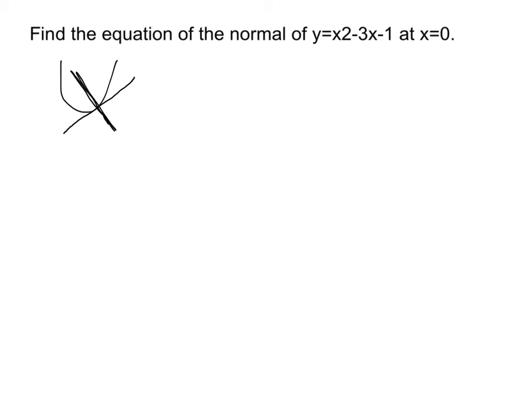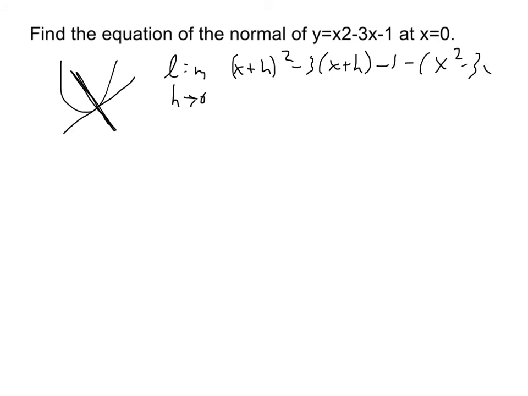Okay, if we try this one, we're trying to find the slope again. So the slope is just the limit as h goes to 0, we plug in, instead of x everywhere, we do x plus h, so it's x plus h squared minus 3 times x plus h minus 1, minus parentheses x squared minus 3x minus 1, all over h.